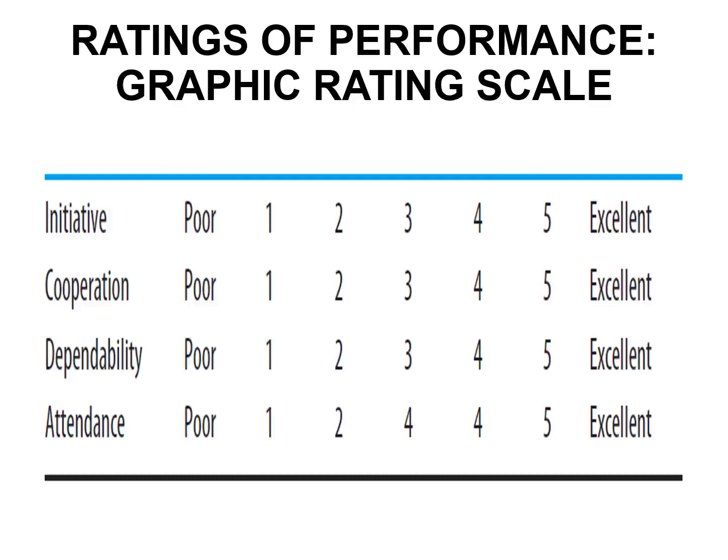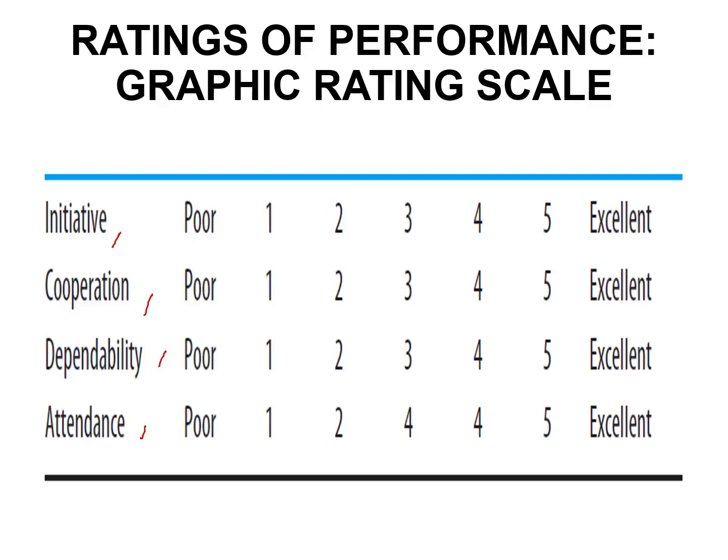Okay, so let's take a look at different objective measures of performance. The first is the graphic rating scale, wherein on a scale of 1 to 5, you are rated from poor to excellent. What can we say about your initiative, your cooperation, dependability, and attendance? So basically, you know how to use this. This is similar to the Likert scale in psychological testing and assessment.